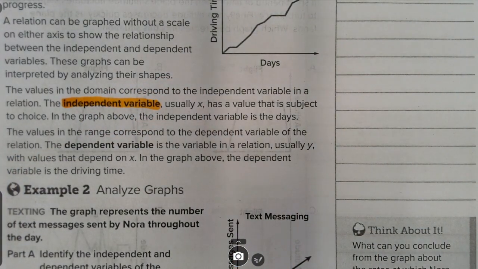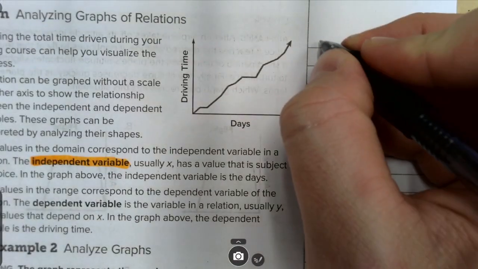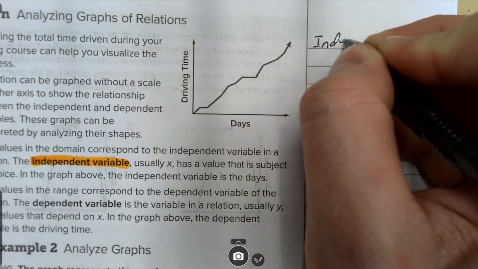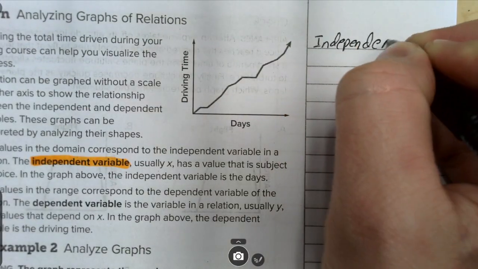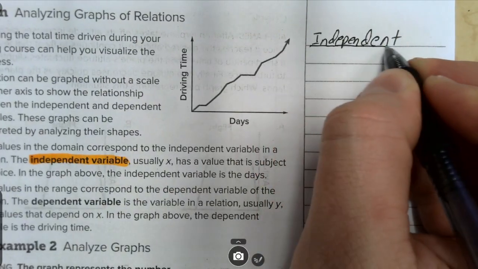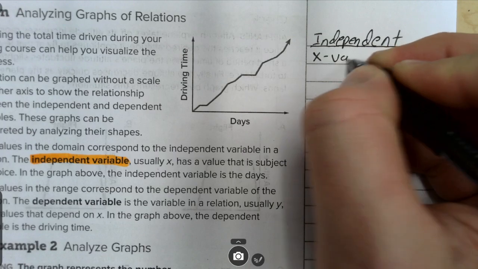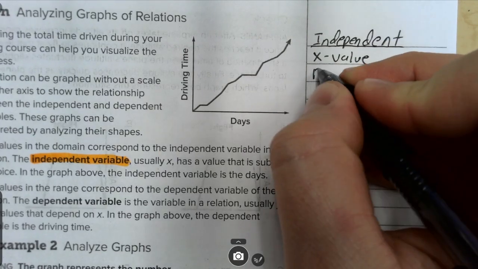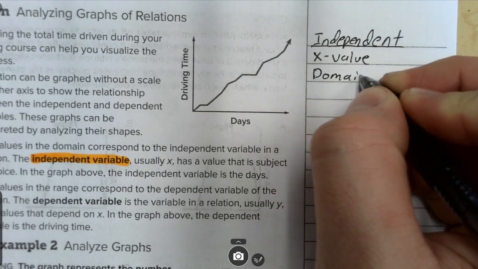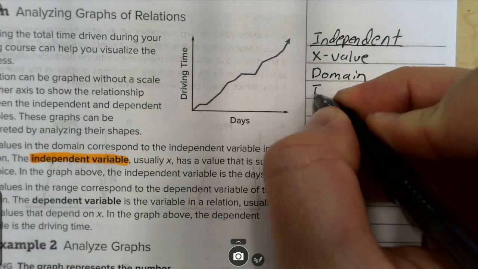is an x value. So what we want to do over here is we have independent. The independent variable, x value, and is the domain. This is the input.